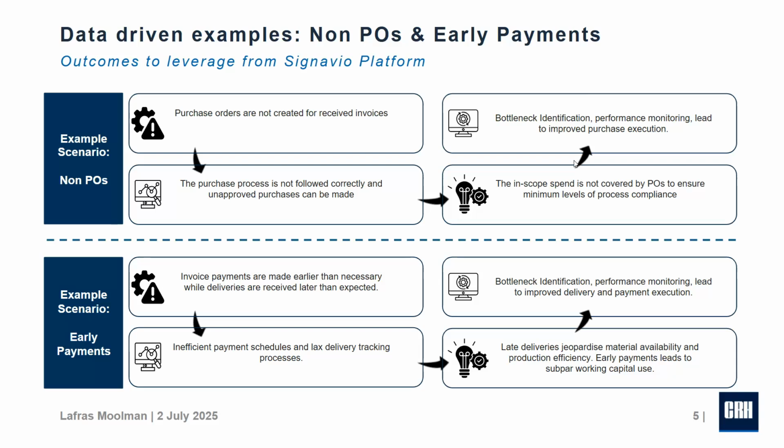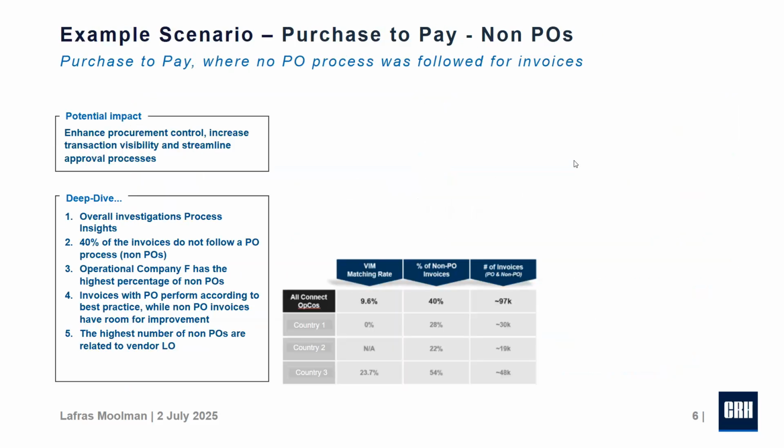Sure. If you can go to the next slide, please, because I think that is where all the details are. Obviously, when we started looking at this information, we realized in general, of course, even before we started looking at Signavio, that there's quite a lot of discussion around non-POs.